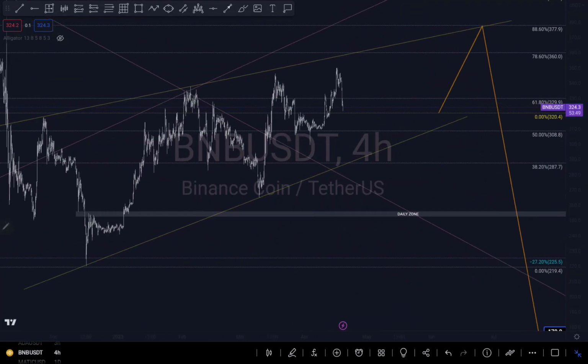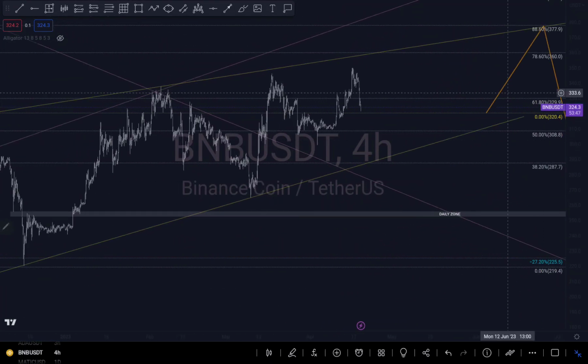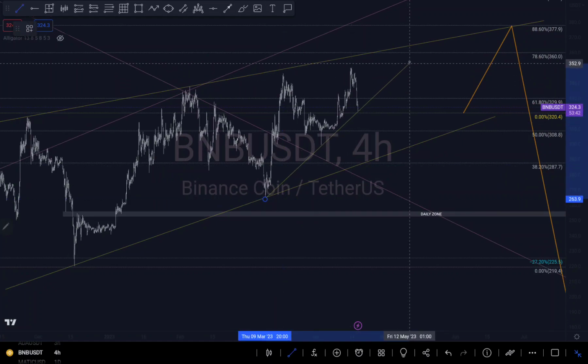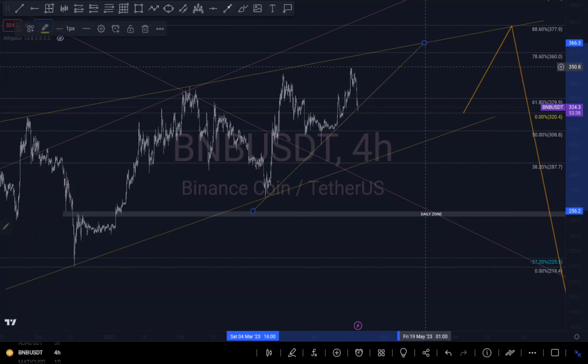And you can see right here I can draw a trend line as well, just to give us insight on what might happen.